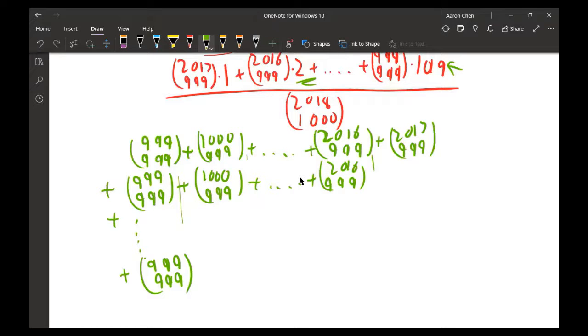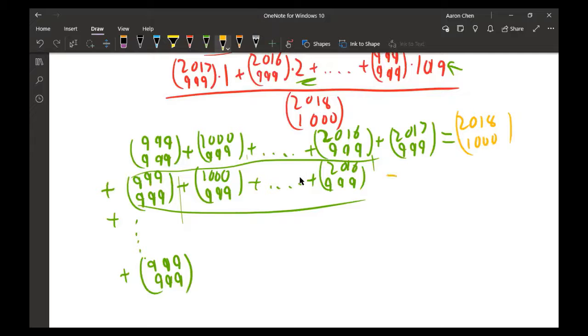So now we can look at each of these horizontally in rows. And so by the hockey stick identity, the first row would be equal to 2018 choose 1000. And similarly, the second row would be 2017 choose 1000. And eventually this just goes to 1000 choose 1000.